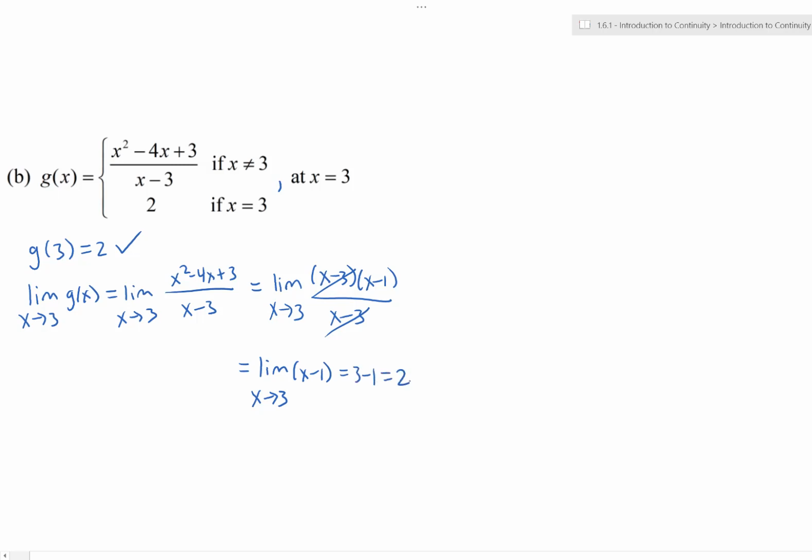So the limit exists, from previous algebraic methods. Now you see g of 3 is equal to the limit as x goes to 3 of g of x. They're both equal to 2. Bam, bam. All three checks are checked. Thus, g of x is continuous at x equals 3.